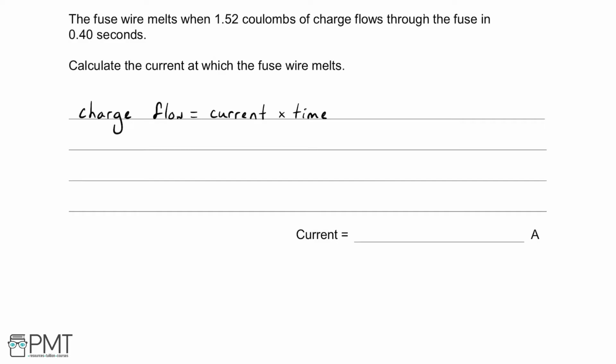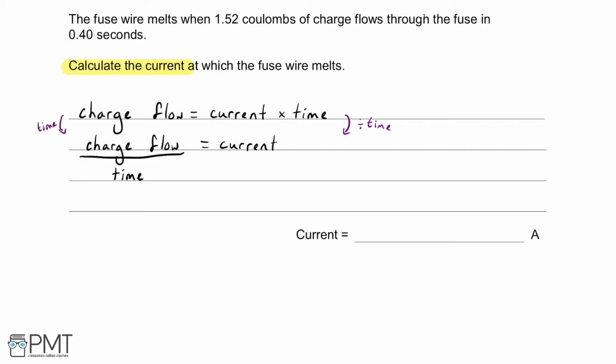First of all, we're told that we want to calculate the current, so this equation will need rearranging. If charge flow equals current multiplied by time, then we can divide both sides by time, and that will give us charge flow divided by time equals current. So current equals charge flow divided by time.